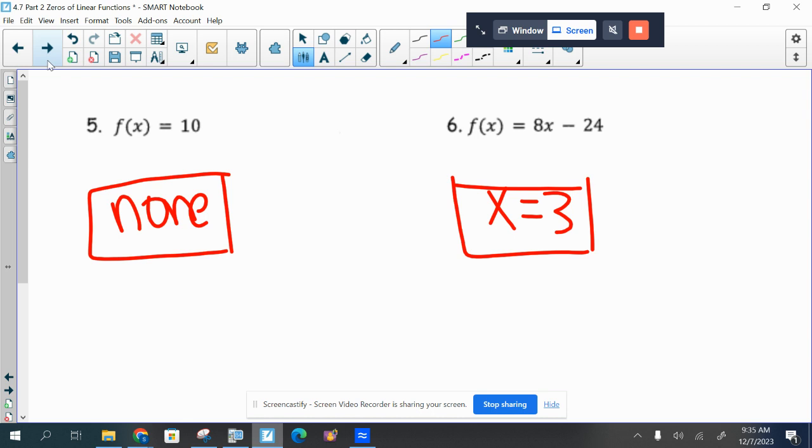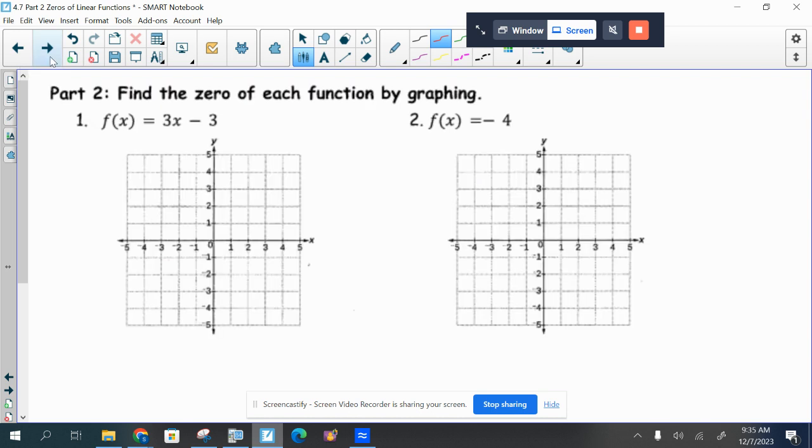All right. Now the next part is graphing, obviously. So we're going to find the solution by graphing, which means where the x-intercept will be. So 3x minus 3 has a y-intercept at -3. So we put a point at -3, and then the slope is +3.